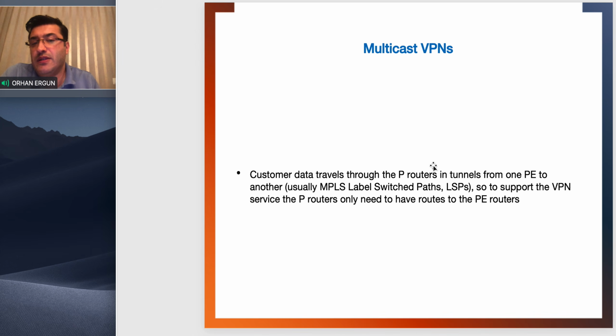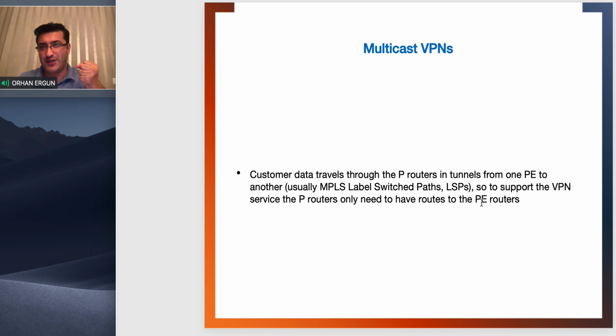Customer data travels through the PE routers in tunnels, from one PE to another PE. So to support the VPN service, the PE routers only need to have routes to the PE routers. What am I telling here? The P device's functionality is to provide reachability between the PE devices. Why do we use P? Of course, we normally use P for scalability in those networks.